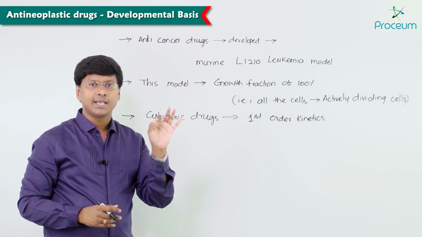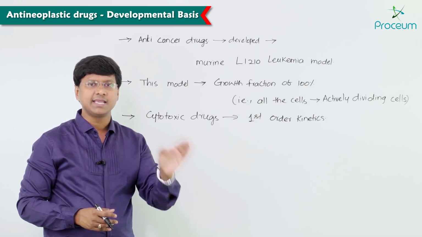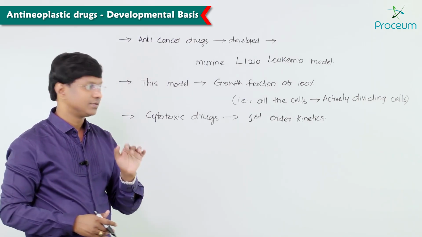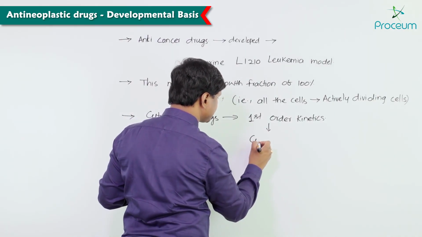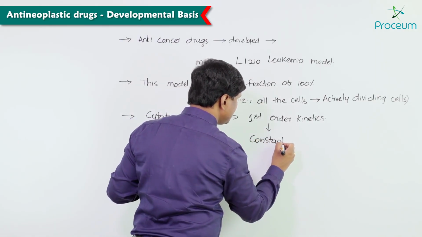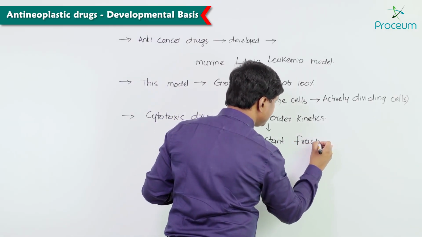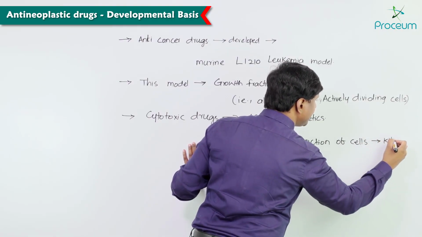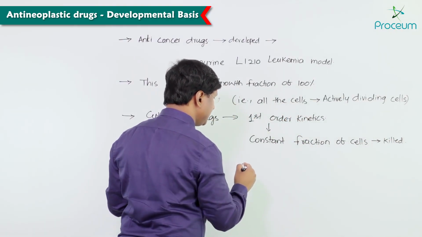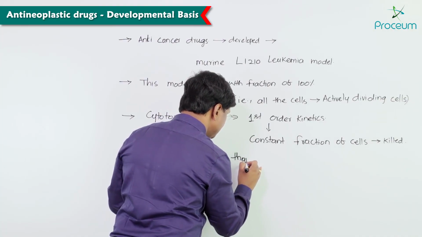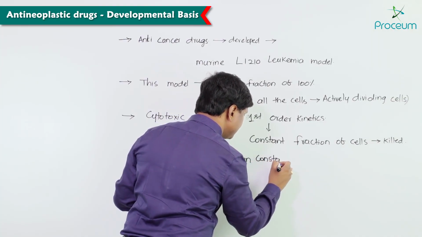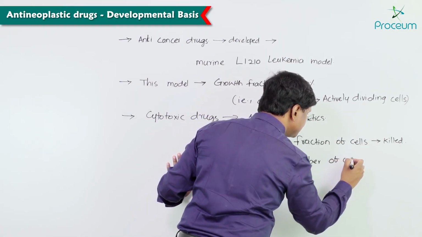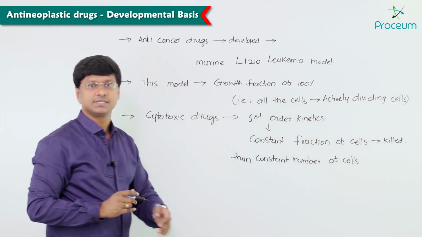That means that a constant proportion of cells are killed with a given dose rather than a constant number of cells. So first order kinetics means a constant fraction of cells are being killed, rather than a constant number of cells. Is that clear?